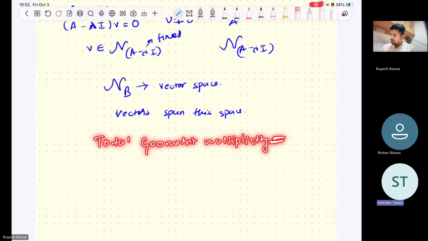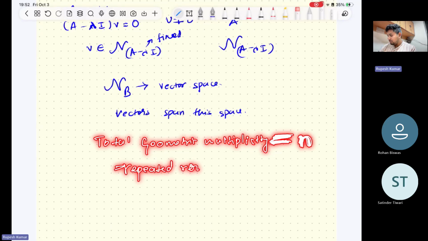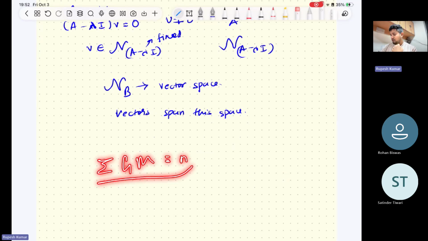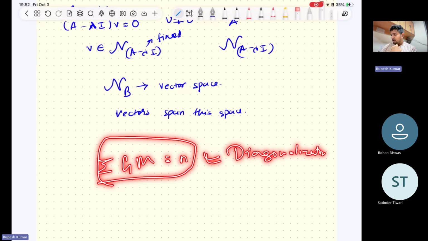Equal to n. You can have a repeated root, say two repeated roots, with geometric multiplicity equal to 2. So basically, the sum of geometric multiplicities has to be equal to n for the matrix to be diagonalizable.